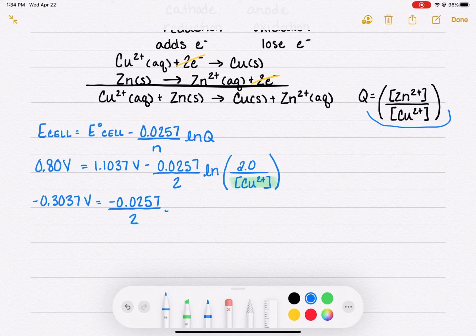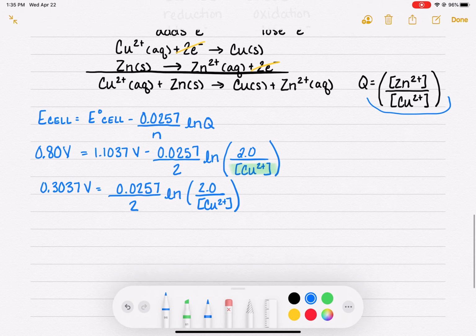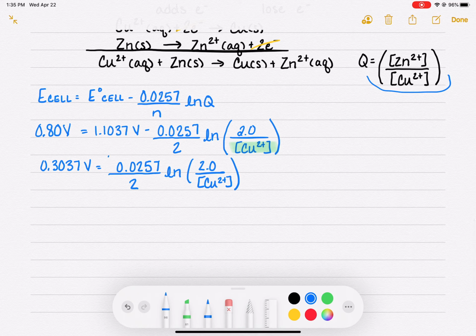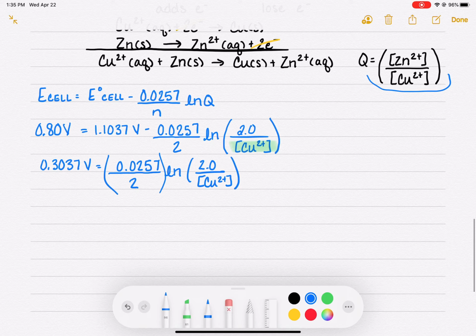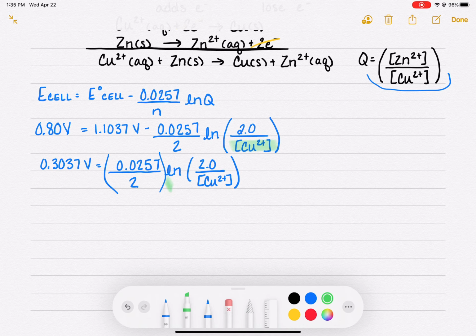So first thing that I've done there is just moved the 1.1 over to the left side. And this, I've rewritten it. And so now I'm just going to get rid of the negative sign since they're on both sides. So now what I'm going to do is multiply both sides by this fraction so I can get rid of it. I'm trying to isolate this whole part of the equation as much as I can.